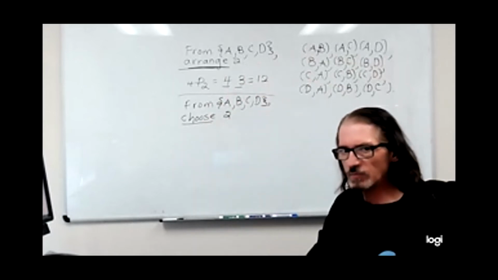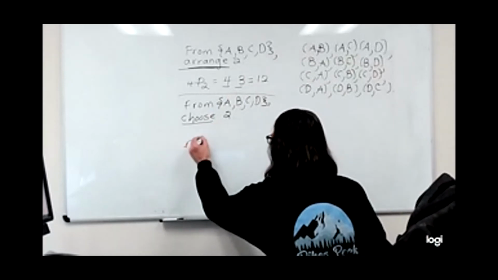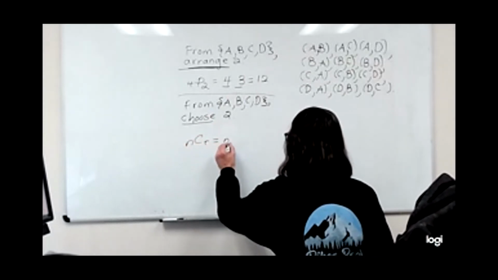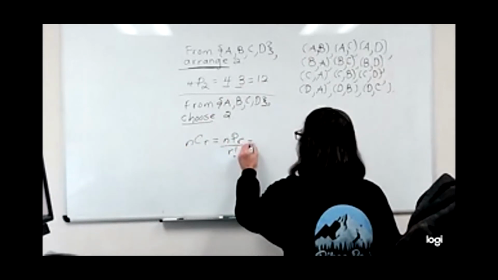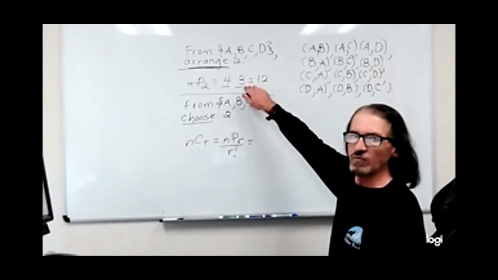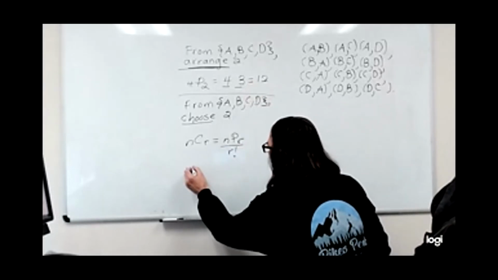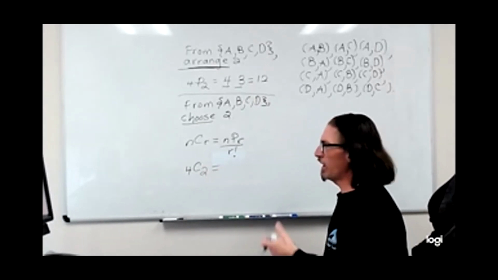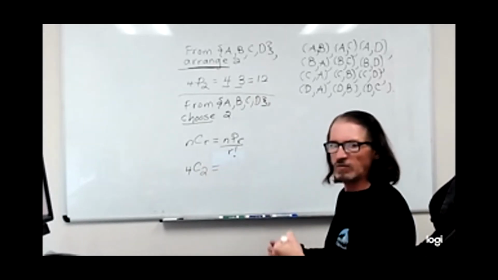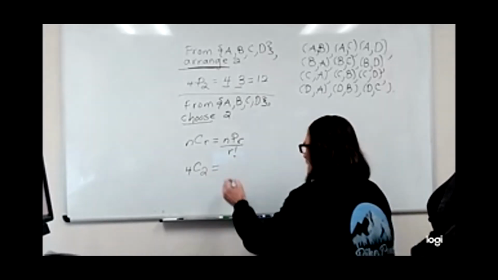So what I am suggesting with nCr equaling nPr divided by r factorial, I'll pretend I didn't do this here, then for 4C2, when there are 4 things available and you want to pick 2 without arrangement, how many combinations are there?